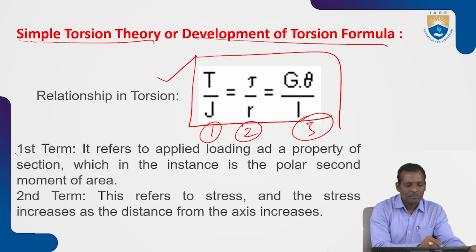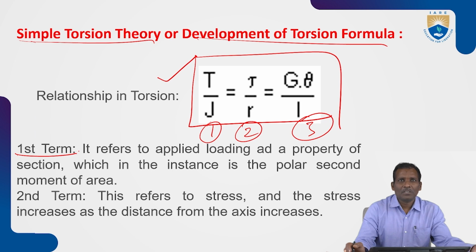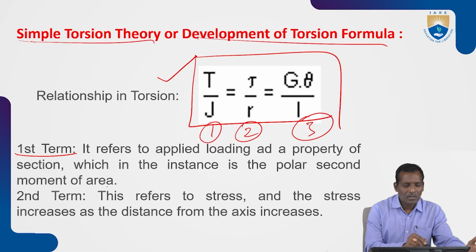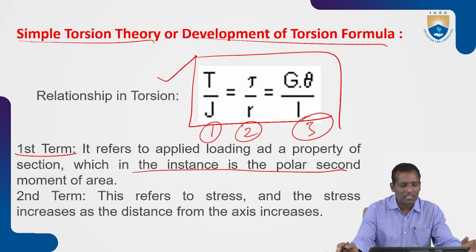The first term refers to the applied loading and a property of the section, which here is the polar second moment of inertia. In T by J, in the derivation we have already seen the torque and the polar moment of inertia.